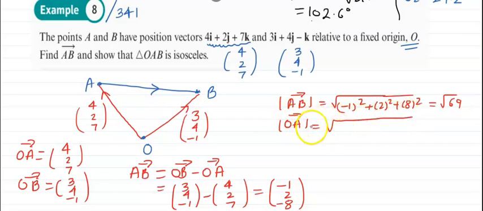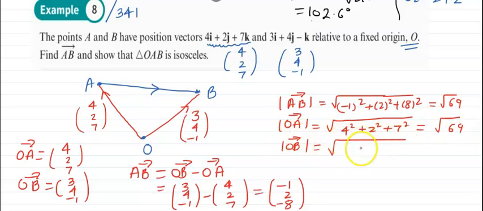Modulus of OA will be 4 square plus 2 square plus 7 square, that will be root 69, and modulus of OB will be 3 square plus 4 square plus minus 1 square, that is root 26.